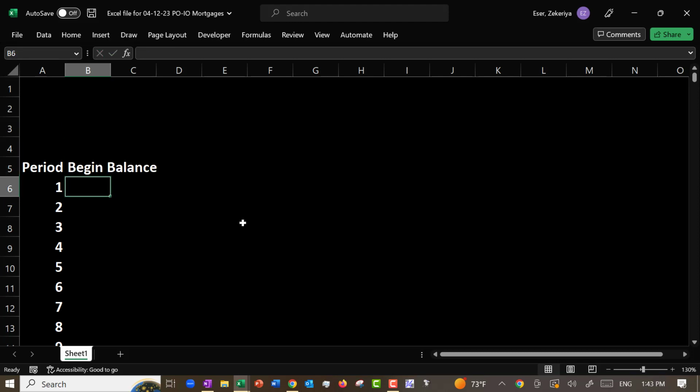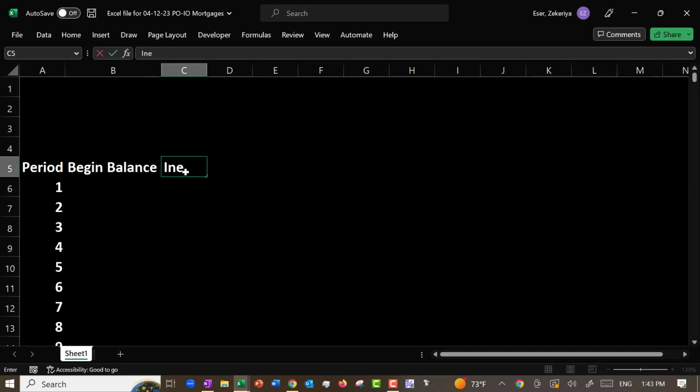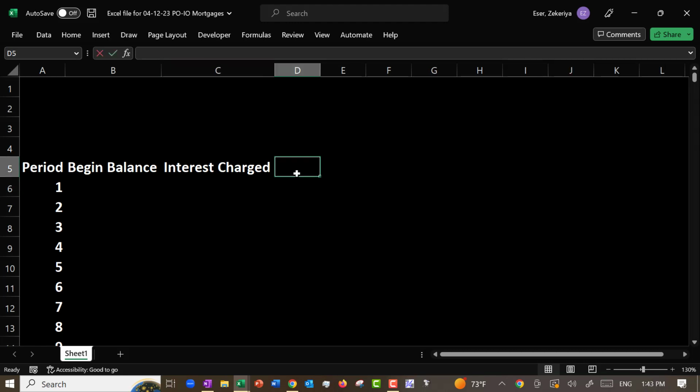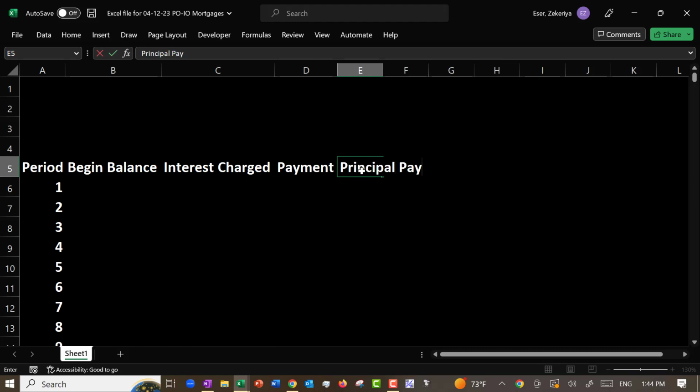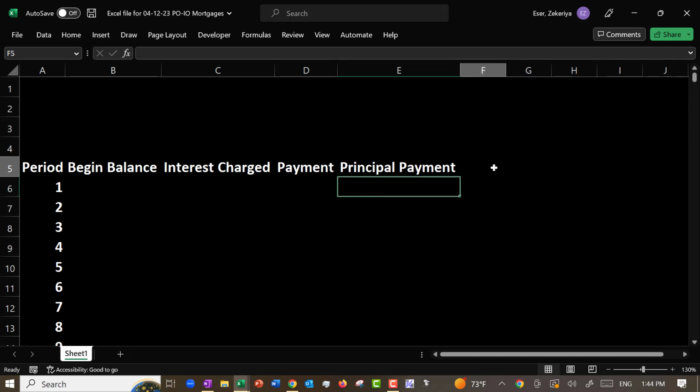So I'm going to have a beginning balance, interest charged, payment, principal payment, and ending balance.